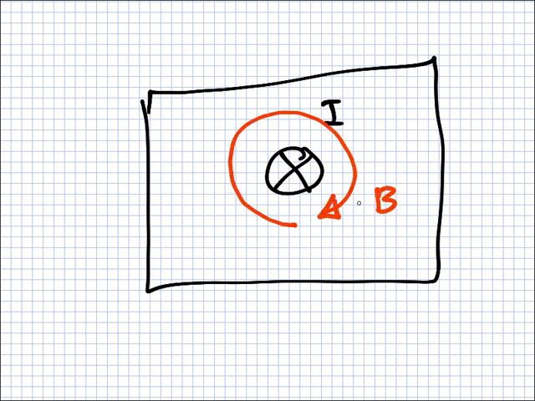This is the I. So it'll be this way. No, your thumb's the wrong way. The right-hand rule is for curved. It says current is in. Look, current into the page.